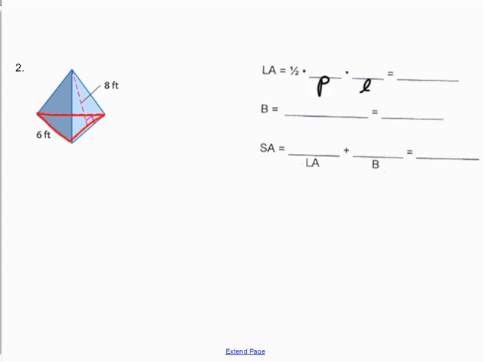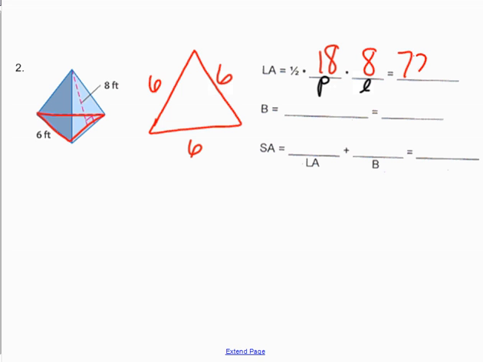These are all regular pyramids. That's the picture of the base right there. So if one side is 6, they're all 6. So the perimeter is 18, and the slant height is 8. So that's going to be 72 feet squared.